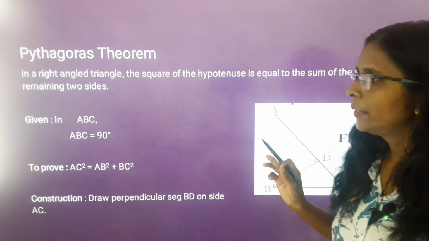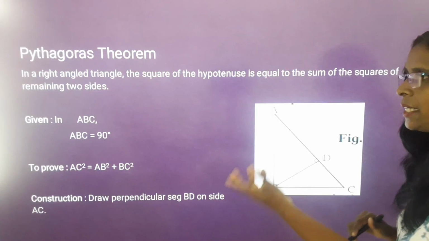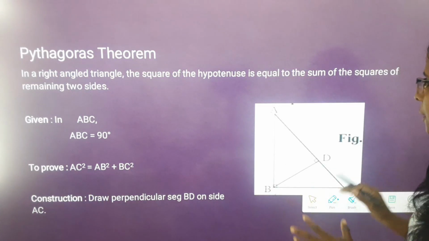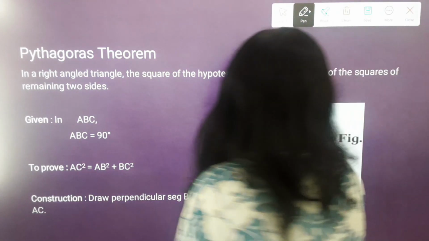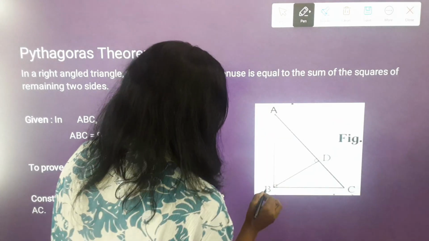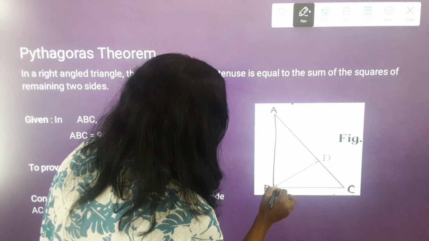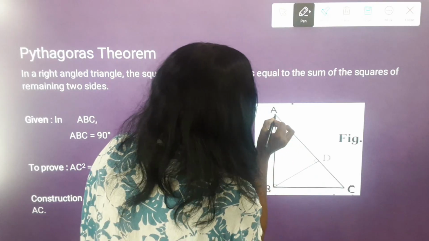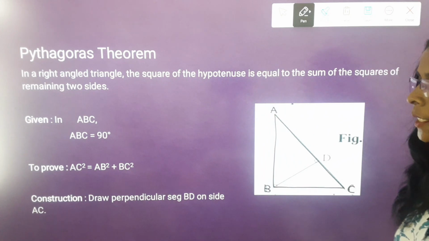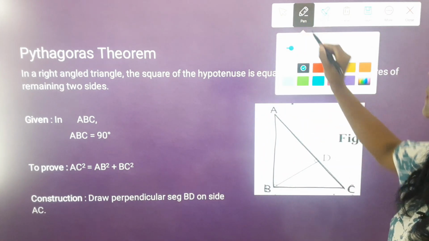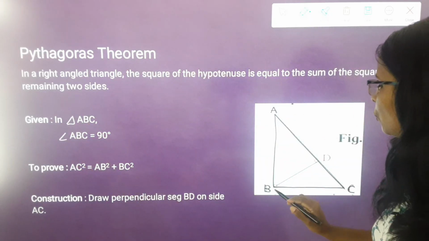Then, to prove the Pythagoras theorem as per the given statement, we draw the figure, triangle ABC, which is a right angle triangle, students. Now here in triangle ABC, angle ABC is equal to 90 degrees.